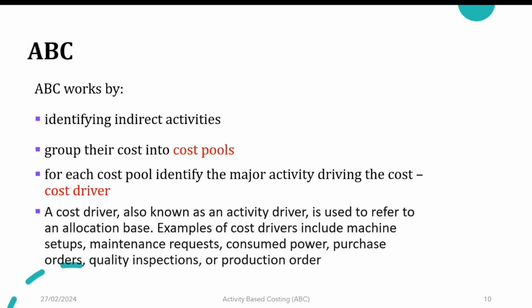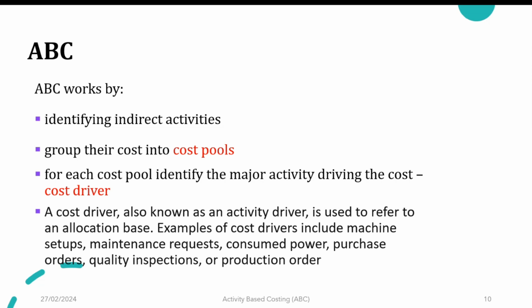So for example, cost drivers could include machine setup, maintenance requests, consumer power, purchasing orders, and so on. So that means the outcome of this tracing exercise is to provide a very realistic and more finely measured overhead proportions into different cost pools.